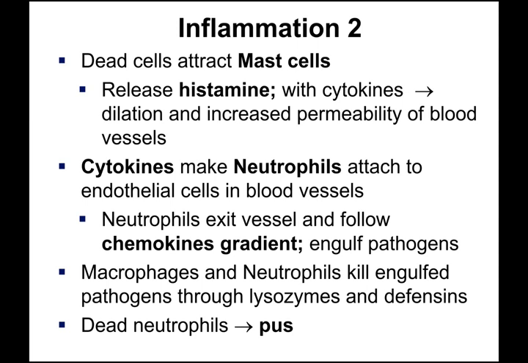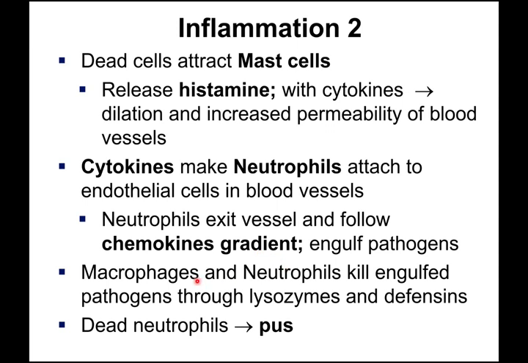So they sense the presence of cytokines, and they know where to stop in the blood vessels and exit the capillaries and get into the interstitial fluid where inflammation is taking place. And then following the chemokine gradient, as we said before, they will go exactly to where the bacteria or the pathogens are found.